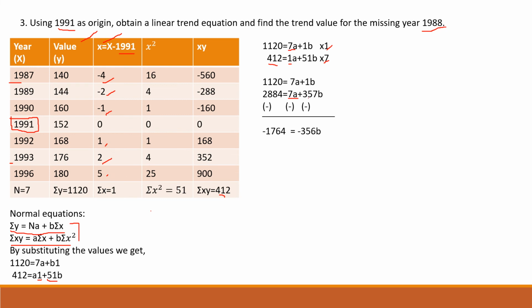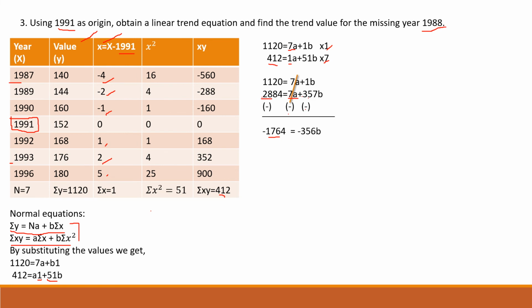While solving, we change the signs: plus becomes minus. By deducting the second equation from the first equation, we get 1120 minus 2884 equals minus 1764. 7a minus 7a cancels.